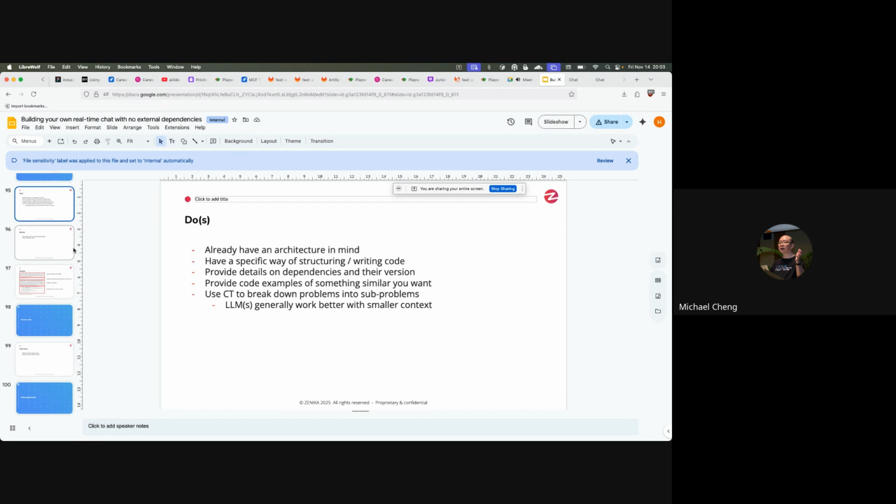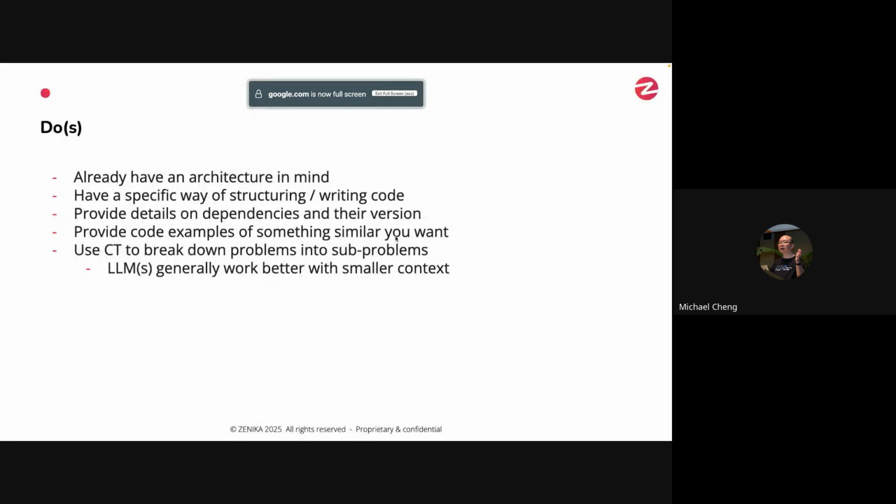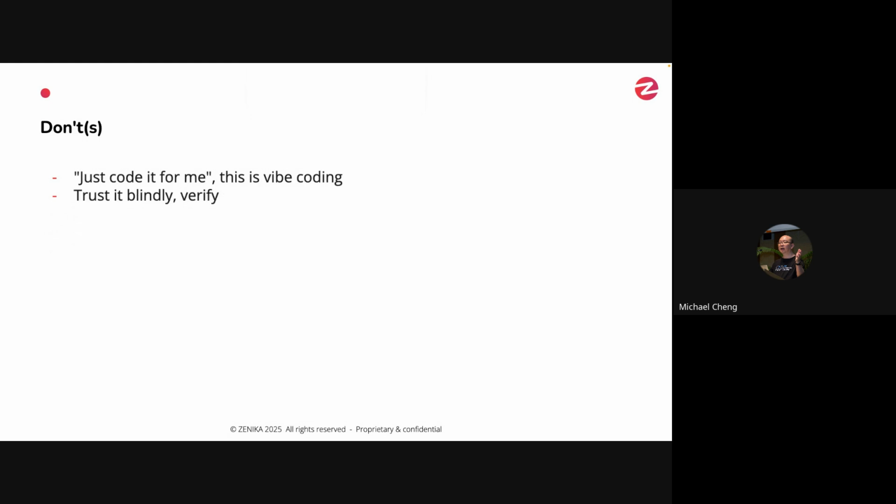Because if you're saying, design me a website, that is a very broad problem. So you want to break the problem down into steps so that the LLM knows exactly what you want. So of course, don't just say, just code it for me.